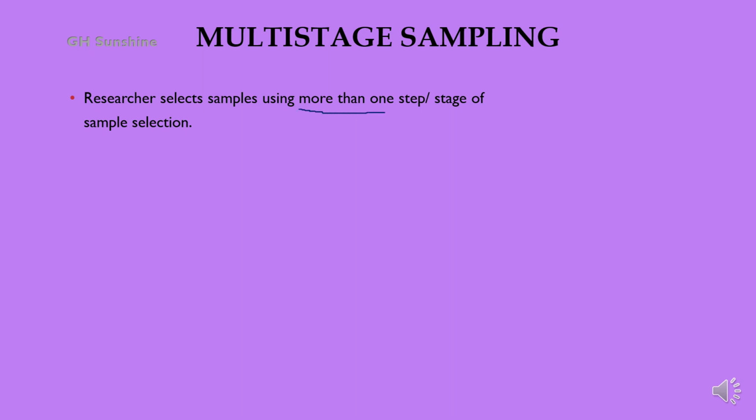Okay. And the last one, the sampling technique of probability sampling is the multistage sampling technique. So this one, the researcher selects a sample using more than one step of sample selection.